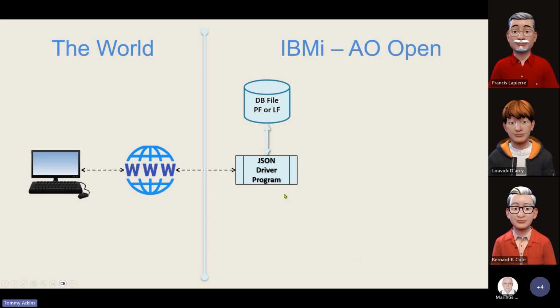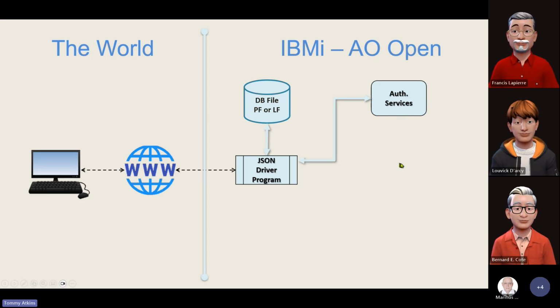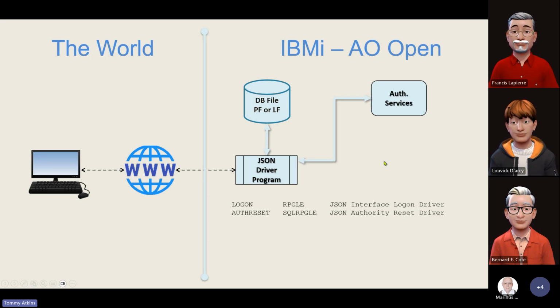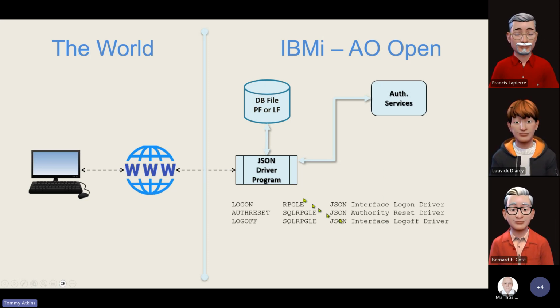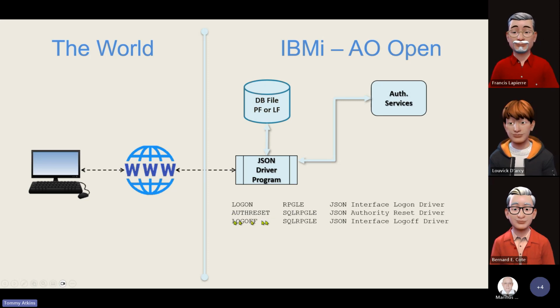Now, there are a couple of other things that are included in AO Open. The one is the authorization services, which is a service program. First of all, there are 3 driver programs for the auth services: a logon program, an auth reset program, and a log off program. Just briefly, the logon program uses the auth services to validate user ID and password.